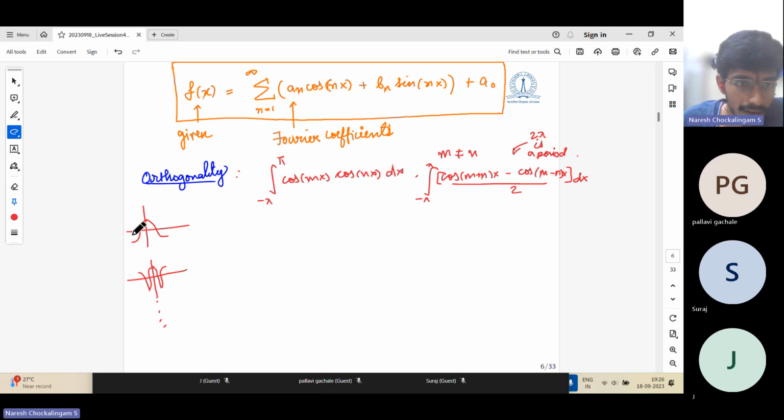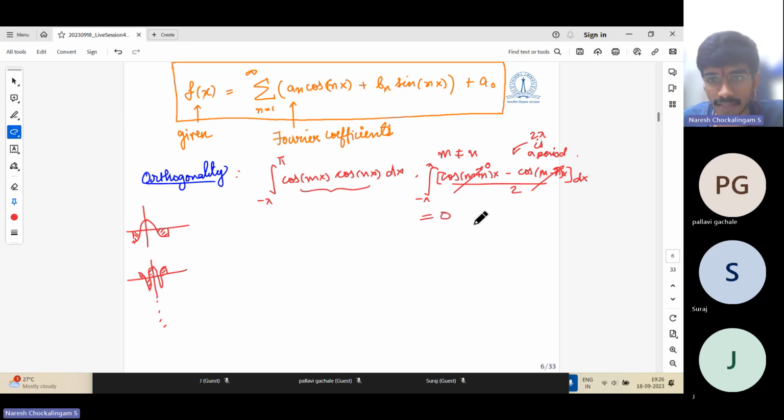All these have equal areas above and below the x-axis. So when you integrate cos of m plus n x from minus pi to pi, all of them vanish. So the area above the x-axis cancels with the area below the x-axis. So when m is not equal to n, this integral is always 0.